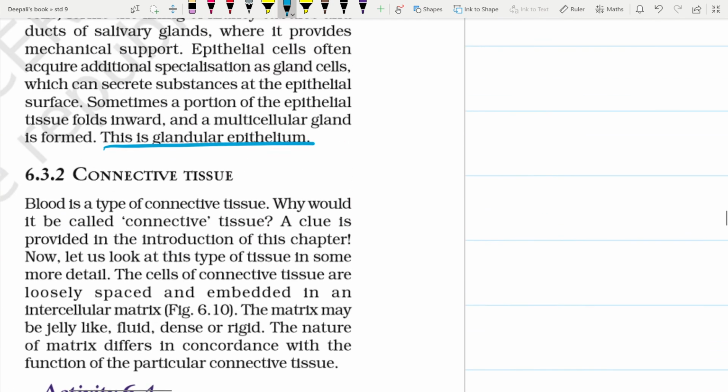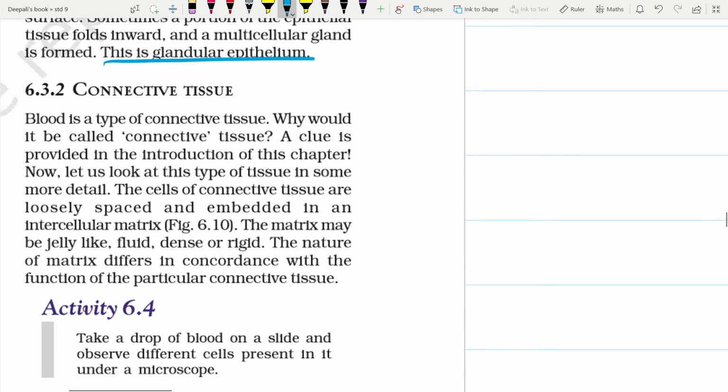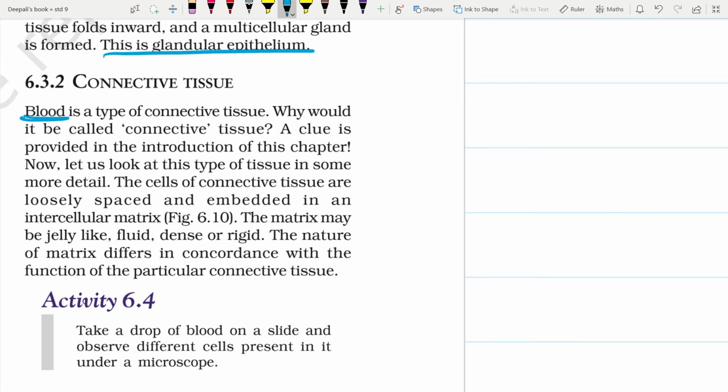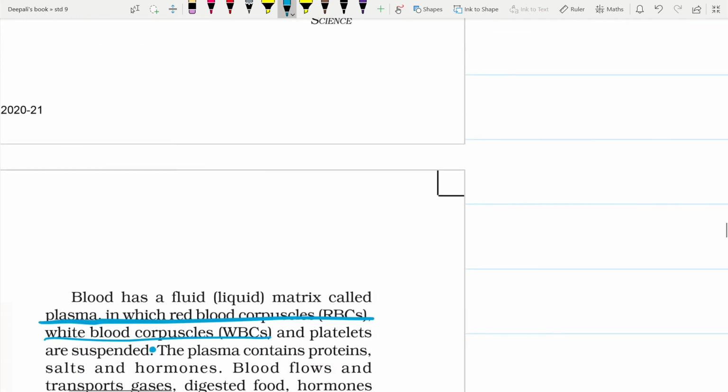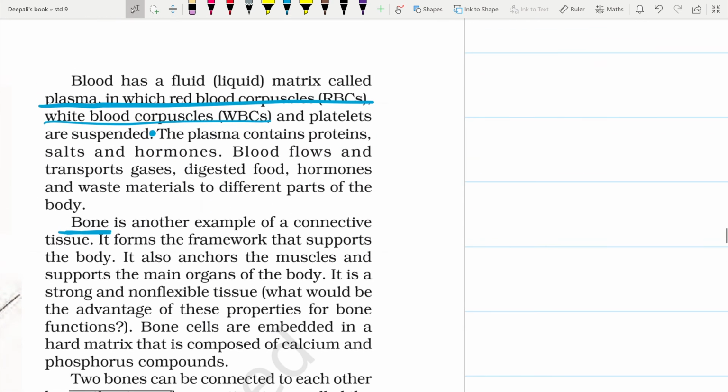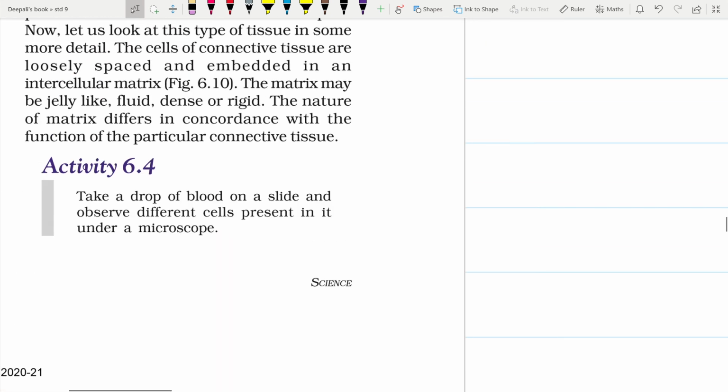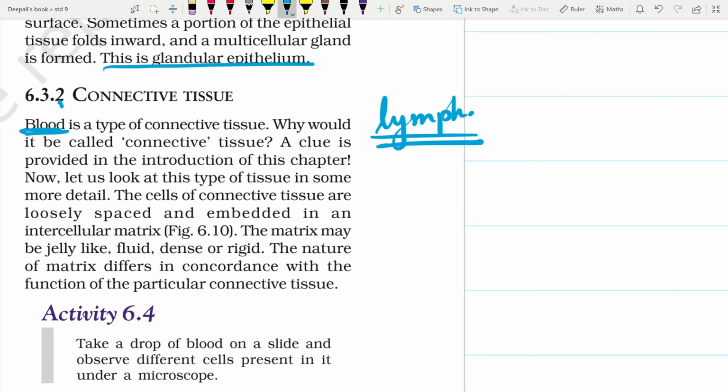tissues in the connective tissues are blood and lymph. Lymph you will study in the higher classes. Then we have the bone, that is the skeletal tissue. These are fluid connective tissues.